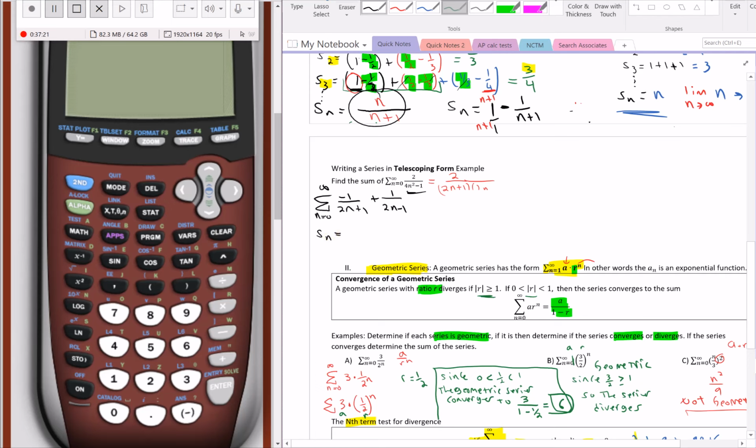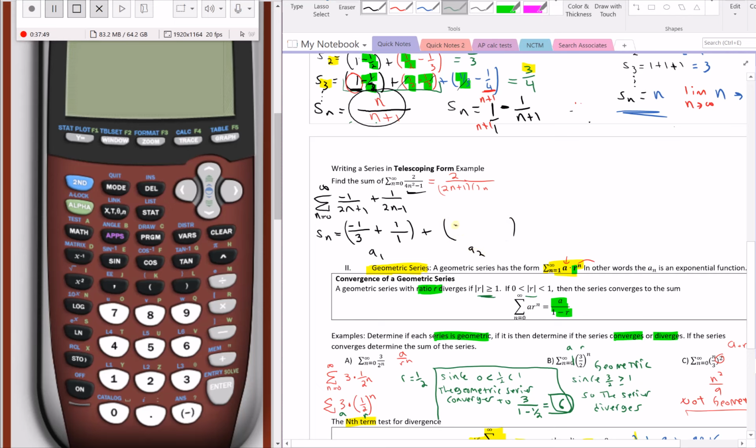So S1 would be plugging in 1, which is going to give us negative 1 over 3 plus 1 over 1. This is A1, and then we're going to add the next term, which is plugging in 2.